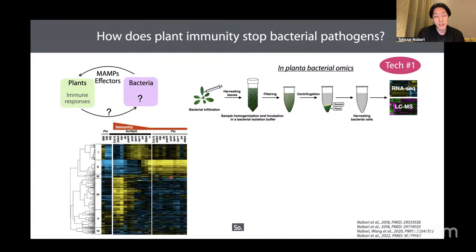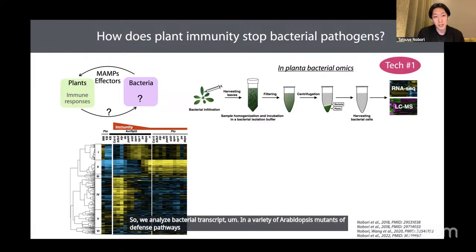So we analyzed bacterial transcriptome in a variety of Arabidopsis mutants of defense pathways, showing different levels of immunity. And we saw remarkable dynamic changes in bacterial transcriptomics.